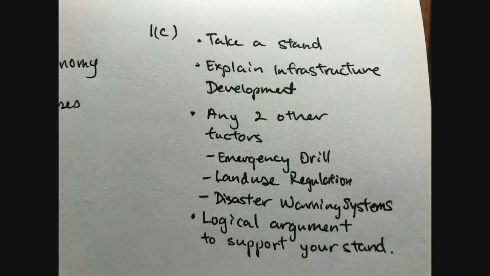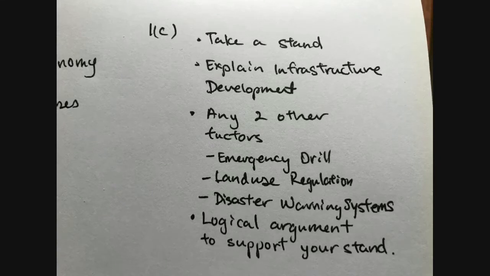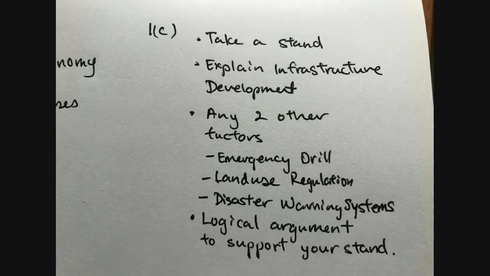For question 1c, the question requires you to take a stand and decide the extent of the truth of the statement: having effective infrastructure development is the most effective measure a country should implement when it comes to preparing for earthquakes.